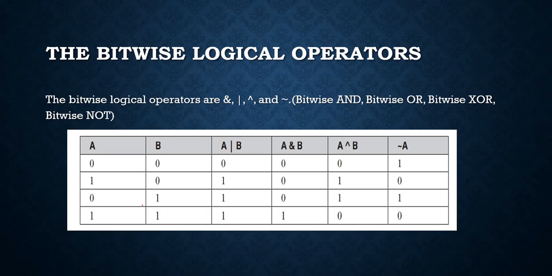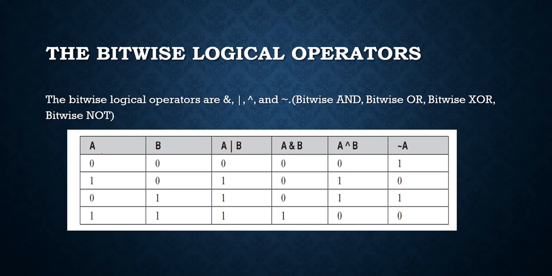And moving on, the bitwise logical operators. The bitwise logical operators are bitwise AND, OR, XOR and NOT. So how are these operations performed between two operands? Any operand will have a binary representation, that is it can have the bit 0 or 1.